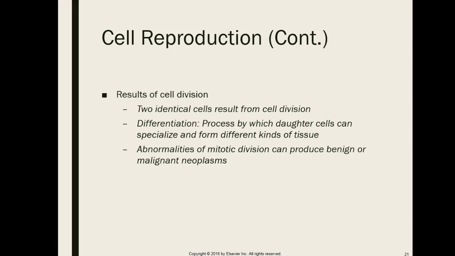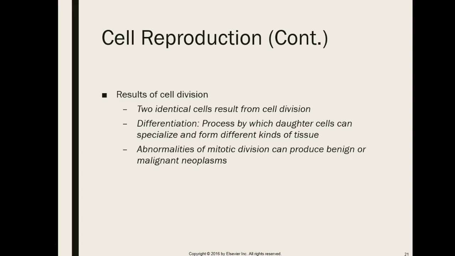So once cell division is done, we'll have 2 identical cells. One thing that can occur is differentiation, and this is a process where the daughter cells actually specialize and form different kinds of tissue. So this normally occurs during times of body growth, so more in that puberty stage, or even in infancy when the body is just beginning to grow and develop those different kinds of tissues.